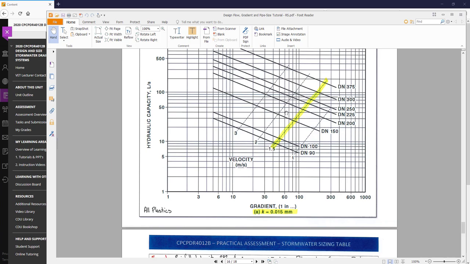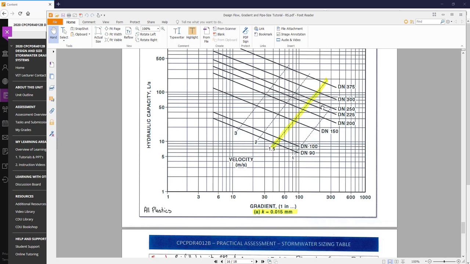It's between the two. If in doubt, go up to 50. Go below the line. And you'll see we've just moved across to the next size pipe because it's above the 200. So we've got to keep going back across to the nearest pipe, which is 250.